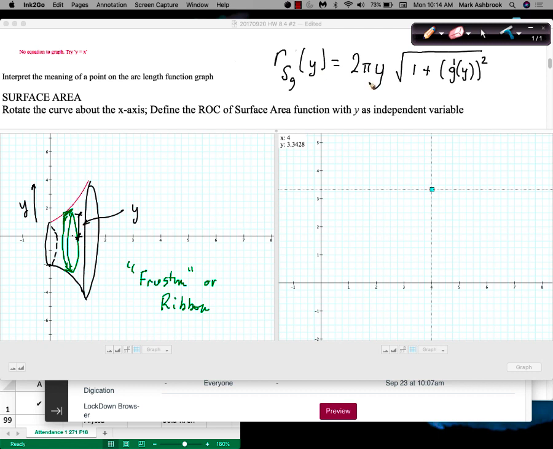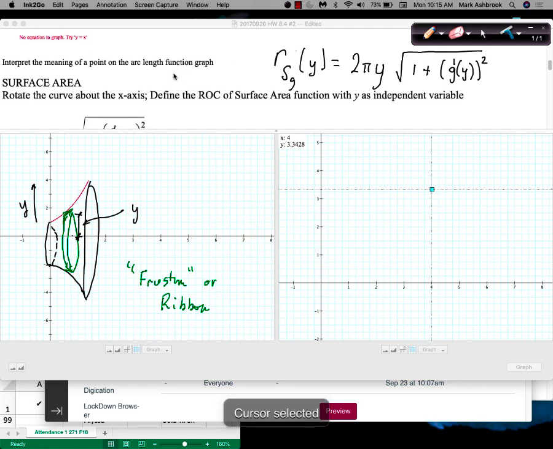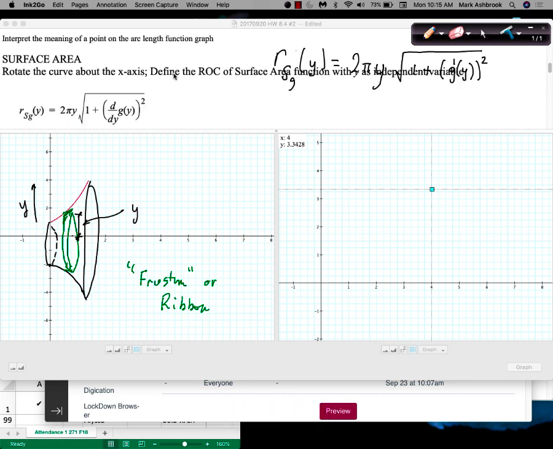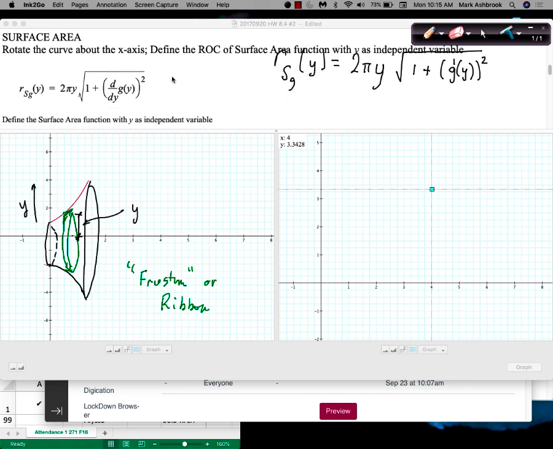But it is in terms of y, so we just leave it. So you see that the y coordinate is our radius, and so we can just leave it because that is our independent variable. Does it make sense? So let's see if that agrees with what we have here. Is that what we said? Yes. Okay, so now I think we're ready to write the surface area function with y as the independent variable.